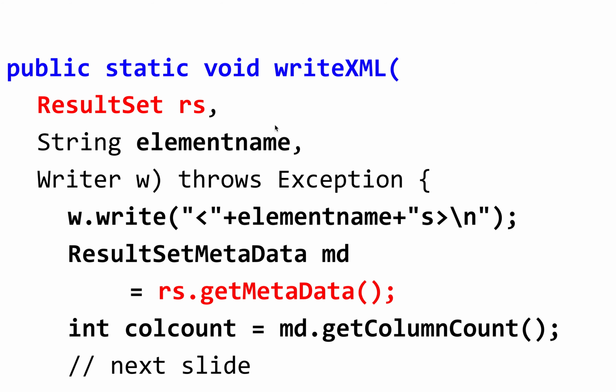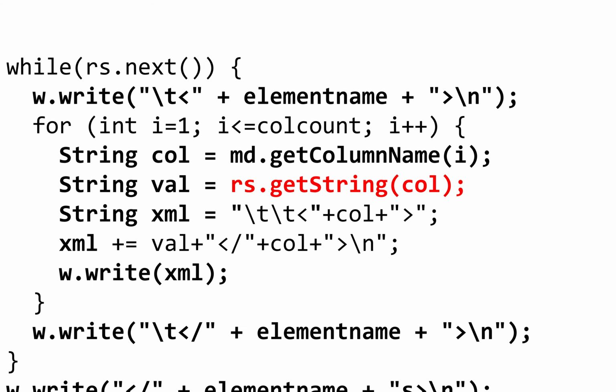Now we're going to use the low-level JDBC SQL that allows you to retrieve the metadata about the table. This is going to have all the field names, how many columns there are, the names of the fields, their data types and whatnot. So we're going to iterate over that.